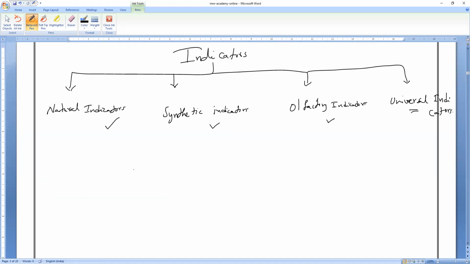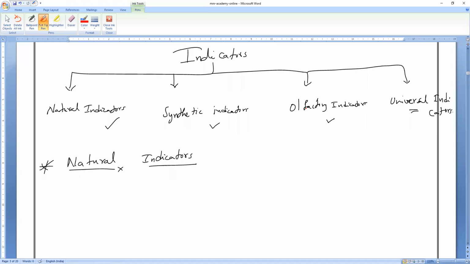Please write it. Now first we are going to start with natural indicators. You already studied so many natural indicators in class 7th. Can anybody remember at least one? Natural indicators means the indicators obtained from plants, like turmeric, lichen, red cabbage.